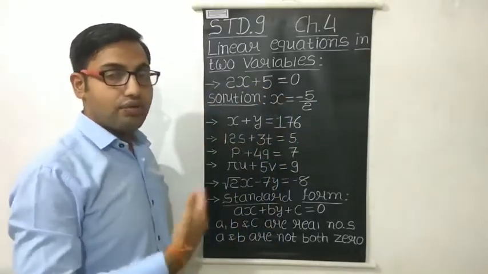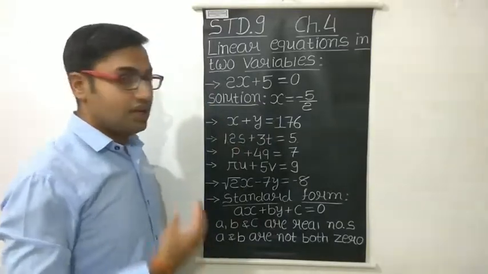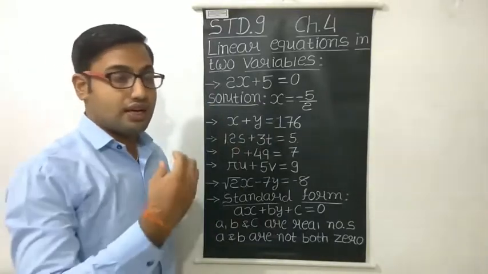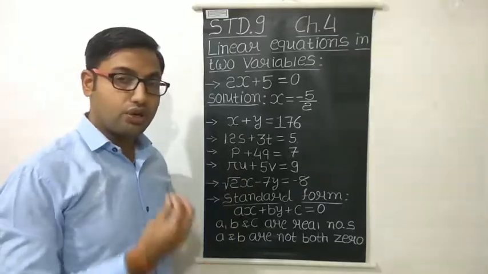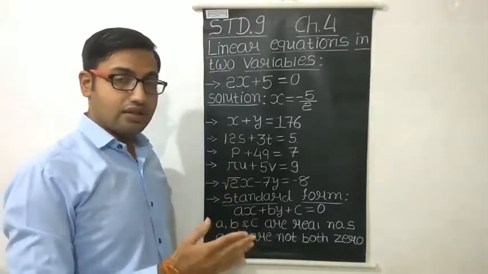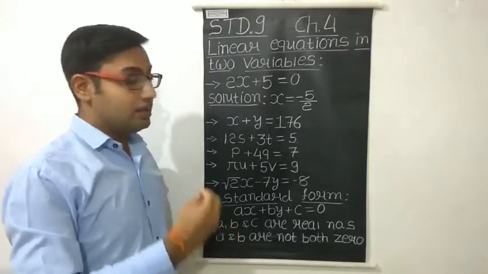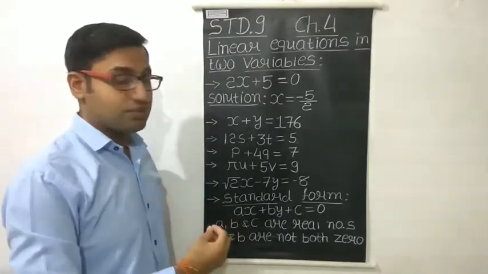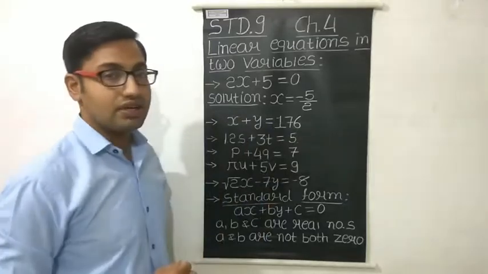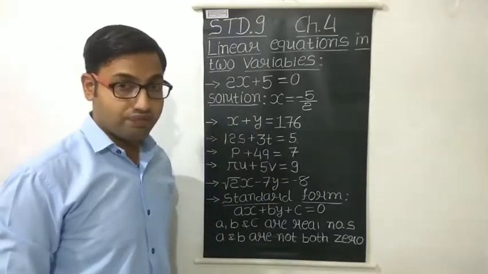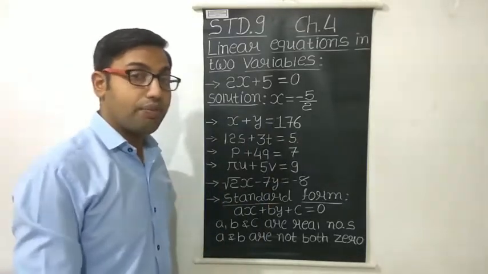Now let us study for two variables. Consider a situation that in a cricket match, two batsmen score runs, and the total score made by both the batsmen is equal to 176. Now we don't know which batsman scored how many runs.